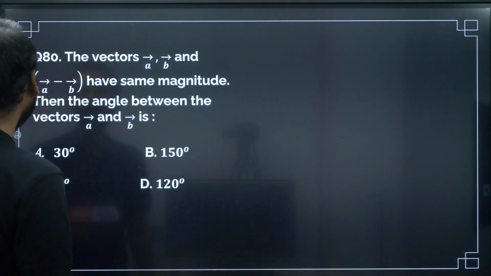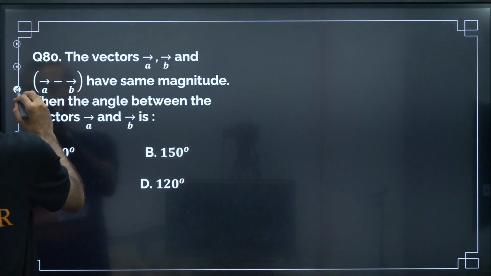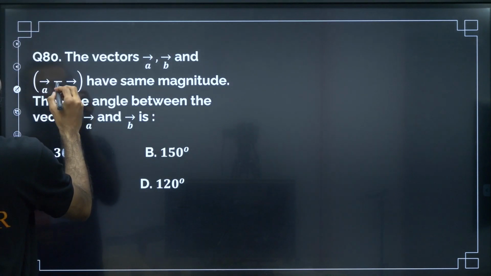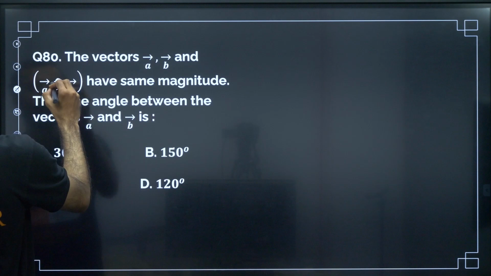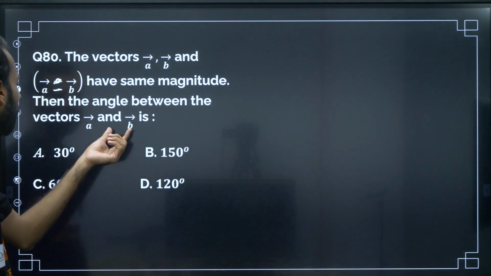The vectors A, B have same magnitude and A minus B is here, not here, this minus is here. Then the angle between A and B is.